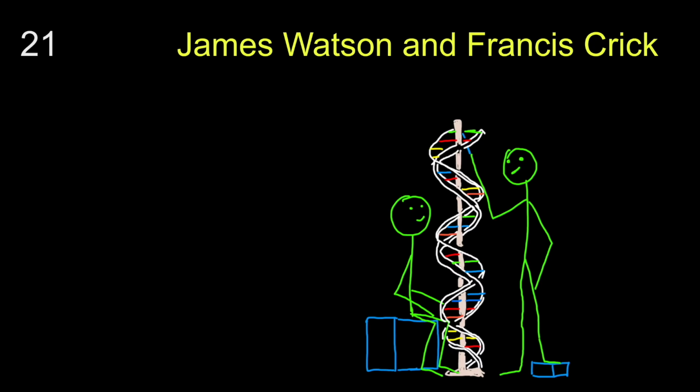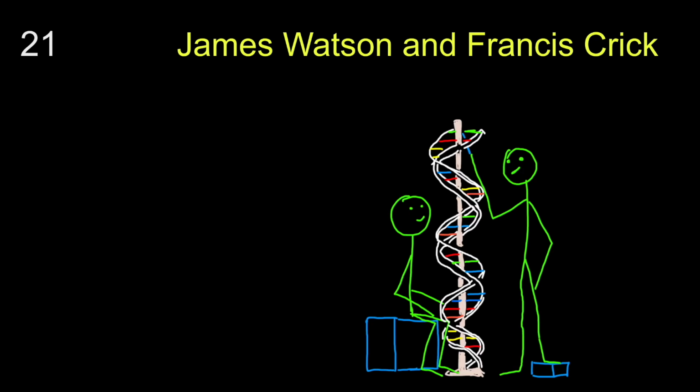They came up with a double helical model, but they drew upon work of other people, such as Chargaff with his base pairing rules, and also Franklin's X-ray crystallography, where they used the data from her work to figure out that DNA was a double helix.